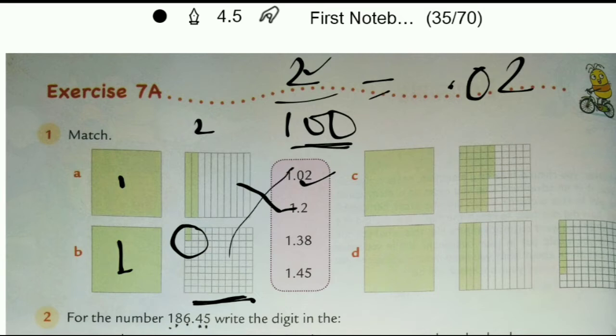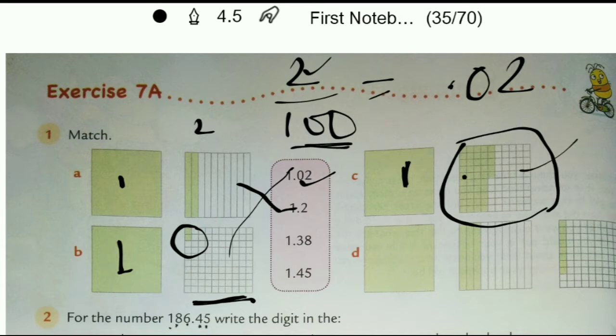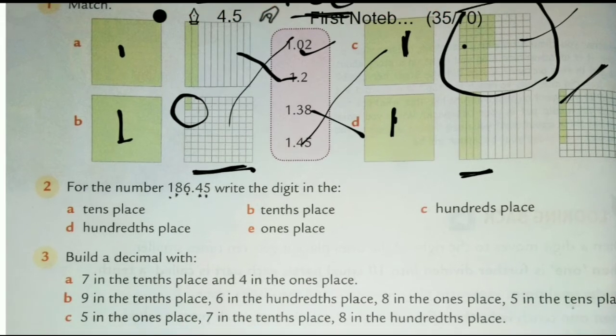And see this side, this is one whole and this is again 100. In this 100, how many are added? Sorry, 45. So 45, how to write 45? 1.45. And next one, this is 1 and this is 38 upon 100. So we can write like this 1.38.